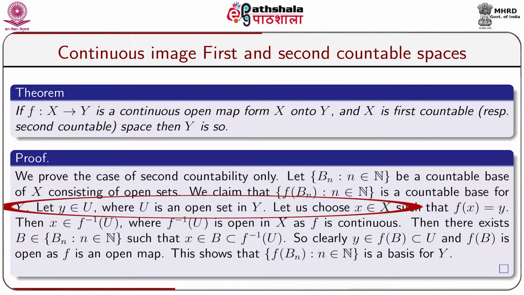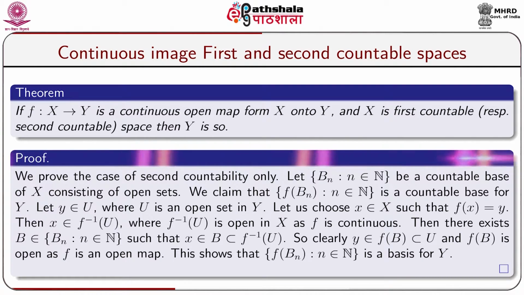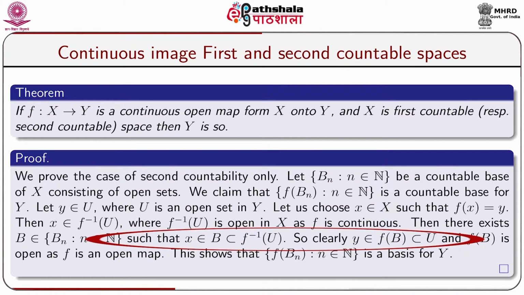Now let y belong to capital U, where capital U is an open set in Y. Then f inverse of U is open in capital X, as f is continuous. Since Bn is a countable basis, we can choose some member of this collection, say B, such that x belongs to B, a subset of f inverse of U, where f of x is equal to y.